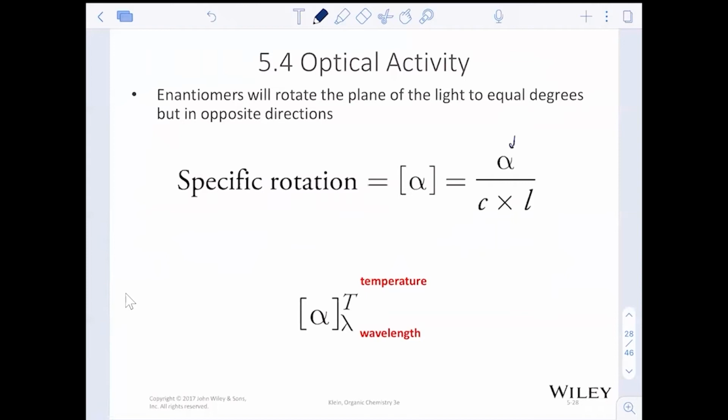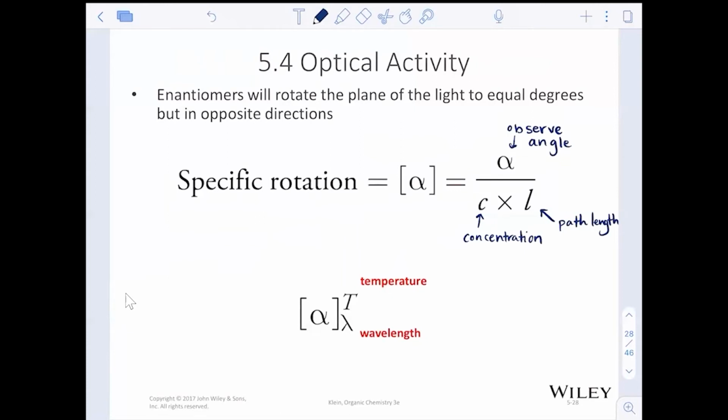Now, if you were in the lab, you might observe a specific angle. This is the concentration of your sample, because it is concentration dependent, and this is the path length of your sample cell. It's also dependent.